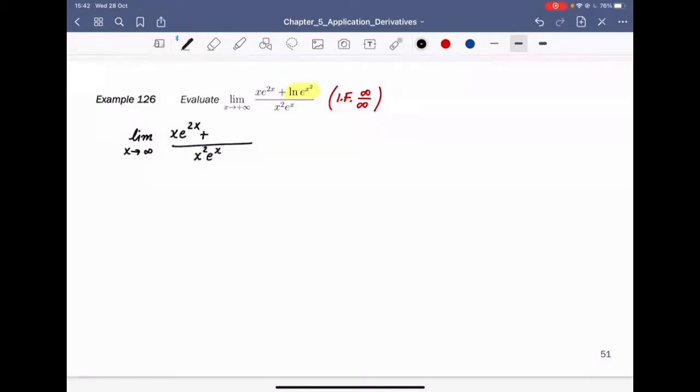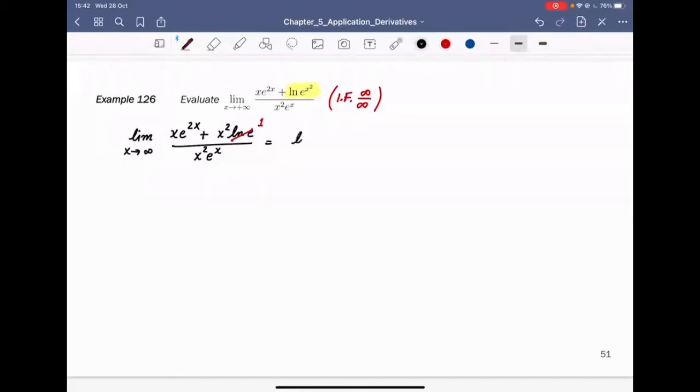The term that I highlight in yellow, I can simplify it to x squared log e, right? You agree with me? Because I move x squared down, by the property of logarithm. And then log e is 1, so it goes away.